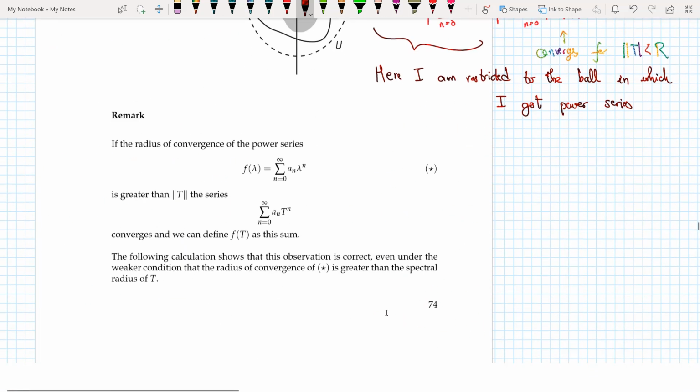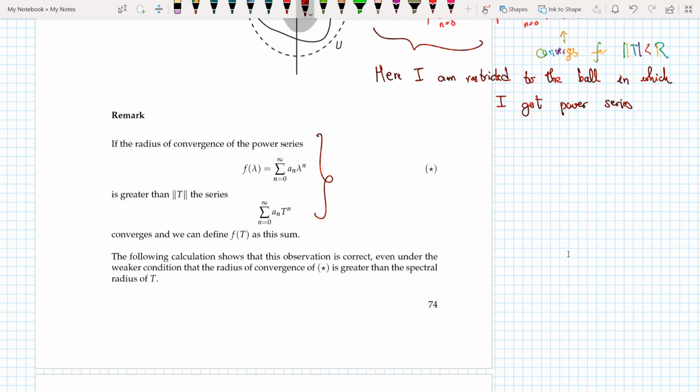And finally this remark, so f of lambda is given by this formula. If the radius of convergence of the power series is greater than norm of T, so capital R is greater than norm of T, then I say that this series converges and we can define f of T as a sum.